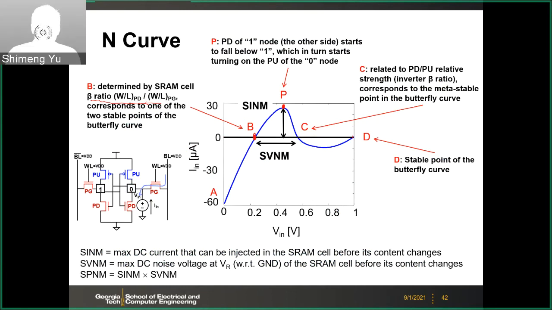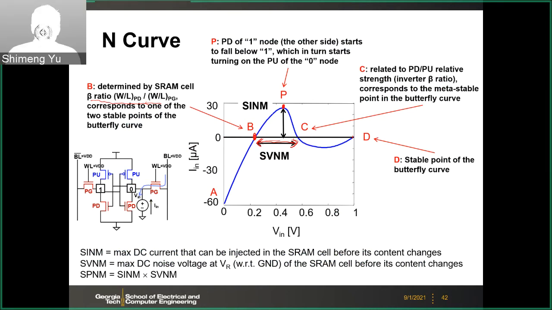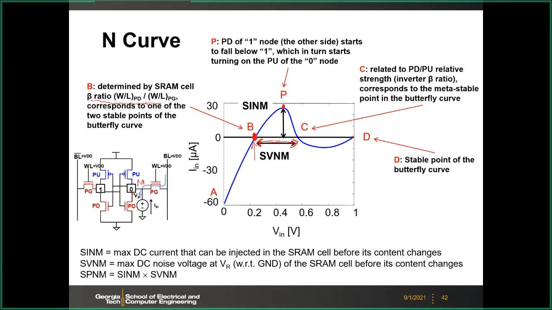So here we can define the lowest margin as this distance. Use this point B will be the nominal voltage increase this node, if you think this N1 node. So this is determined by the beta ratio.